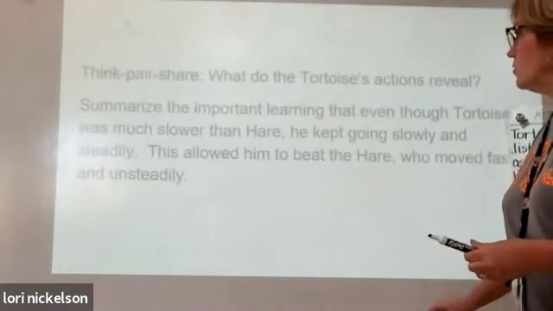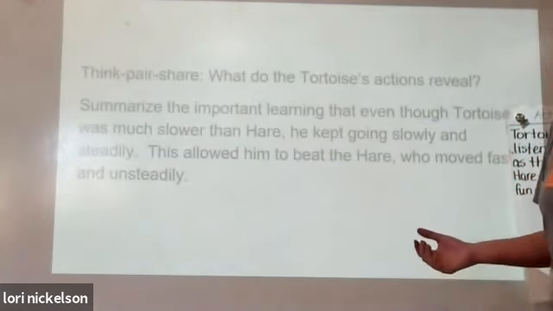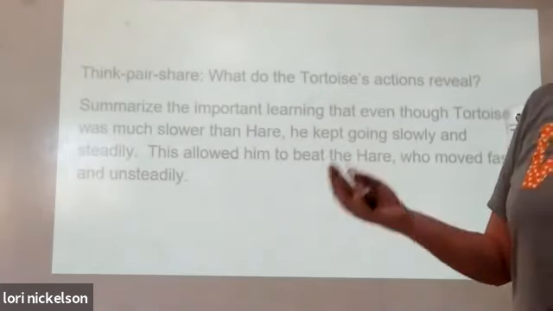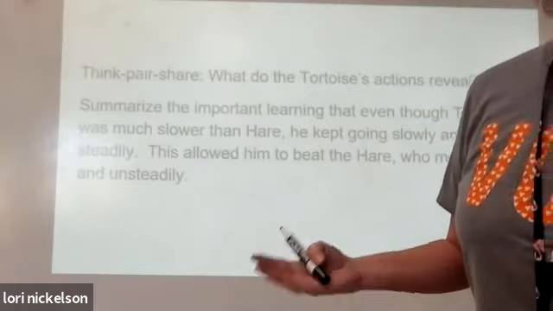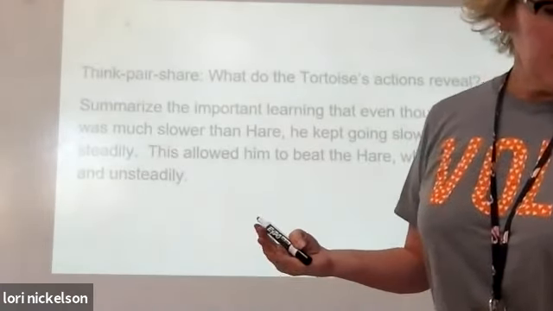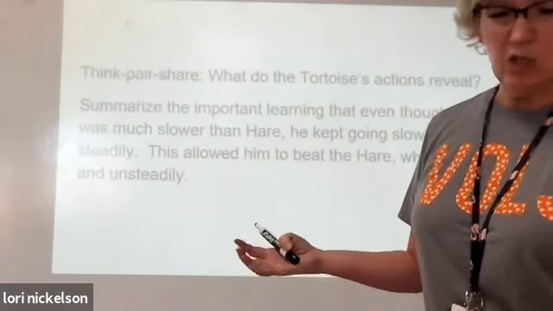Good. So what do the tortoise actions reveal? Well, think about that. What do they reveal? It showed that he kept trying. He didn't give up with the hare at first, okay? Just because he was slow, he didn't lose the race.